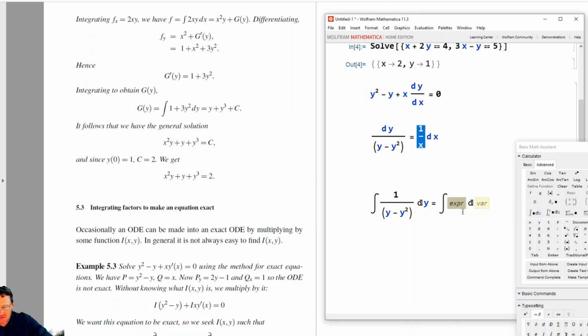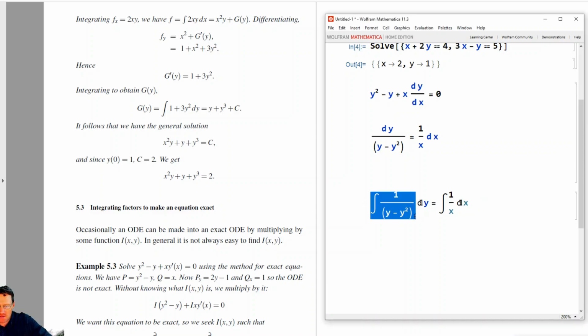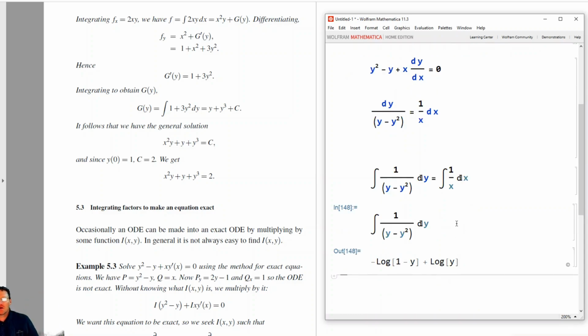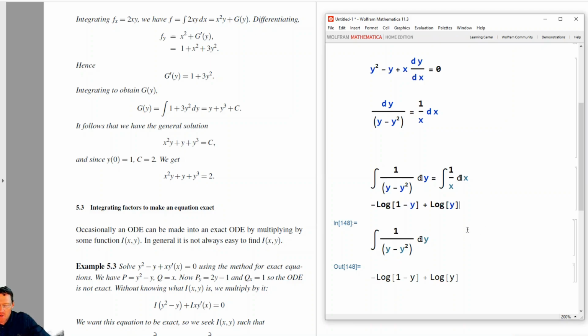with respect to x. Now that's fairly easy, but it does require using partial fractions with the one on the left. I can just get the computer to do this without going through the details because we've already done those techniques in previous sessions. So this is what we get there, and on the right hand side we clearly get the natural log of x plus our constant of integration.